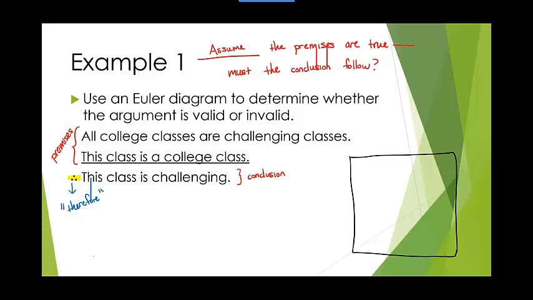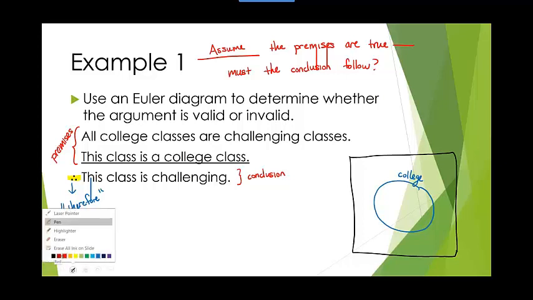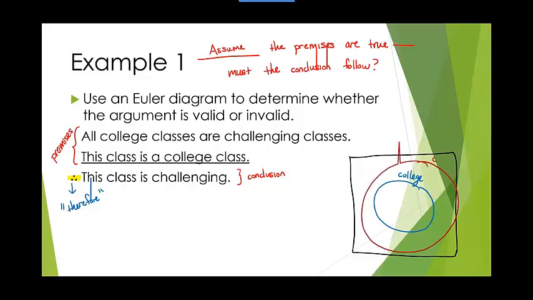So we'll start with the first sentence. The first sentence says that all college classes are challenging classes. So that's that first type of picture, where we've got college classes, and they are a subset of challenging classes. In other words, there may be other classes as well that are challenging, like high school classes, but definitely all college classes are challenging.